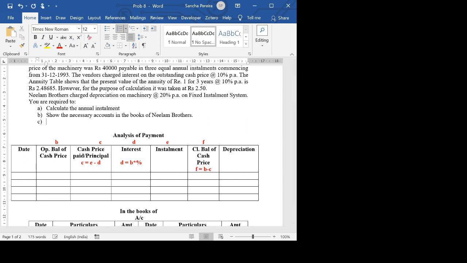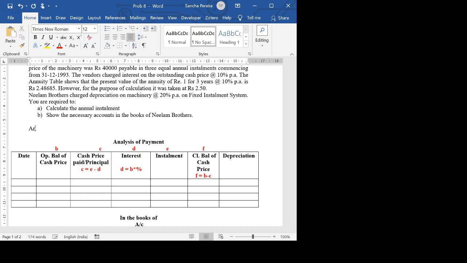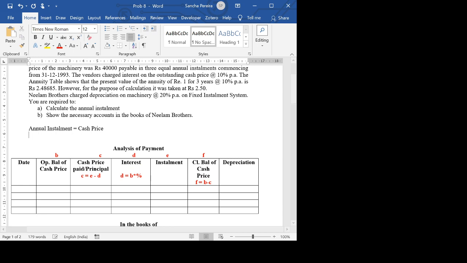So let's do that. The formula: annual installment is equal to cash price divided by annuity value.